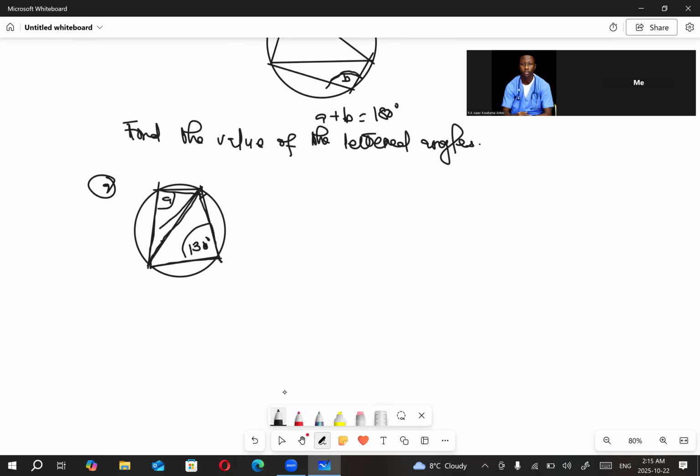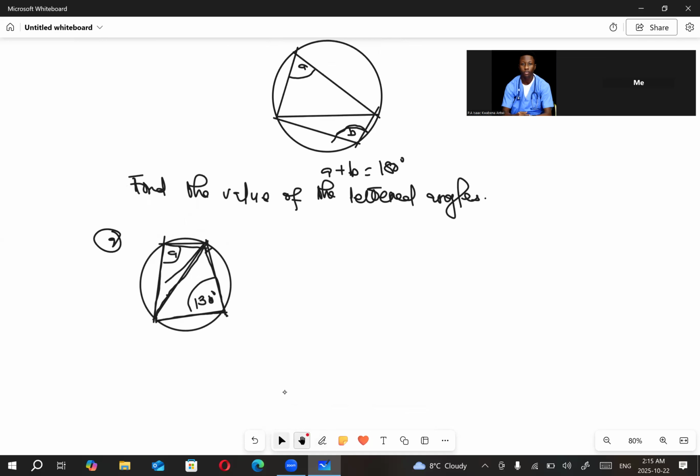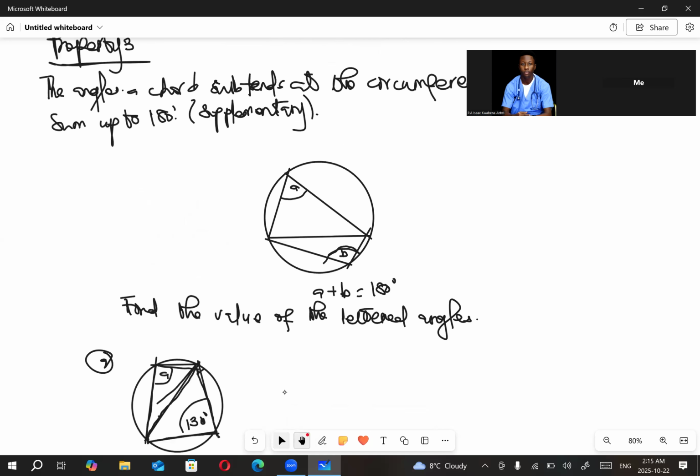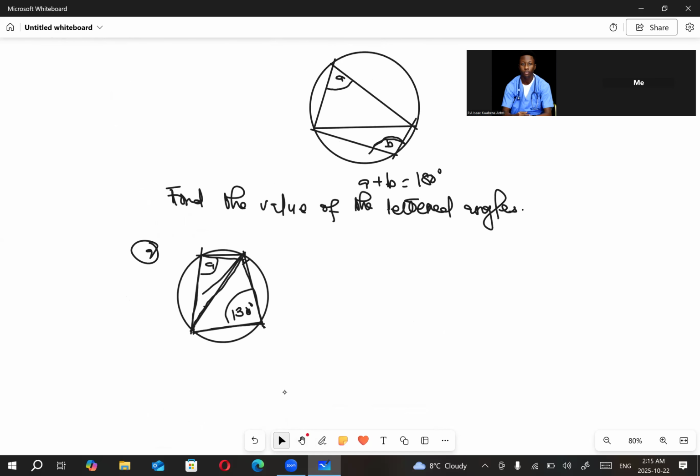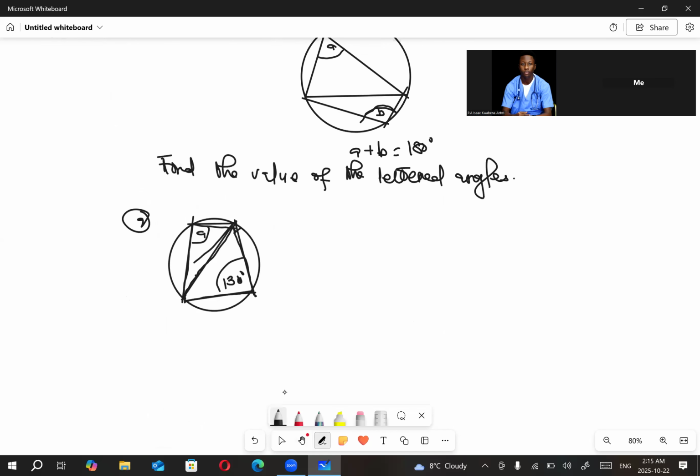That same chord produced the A. Now, it produces these angles on a circumference at opposite sides. Once you notice that the angles are produced on the circumference at opposite sides, then that property you just studied comes into place, property 3. So when one chord makes angles on the circumference at opposite sides, they add up to be 180 degrees.